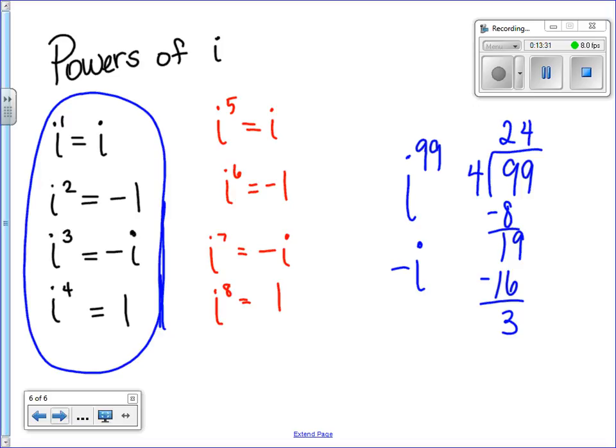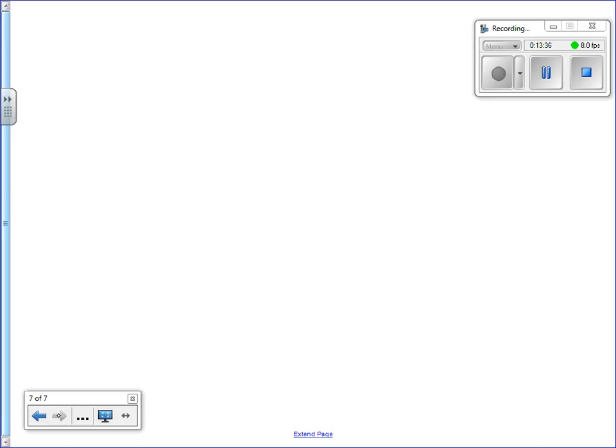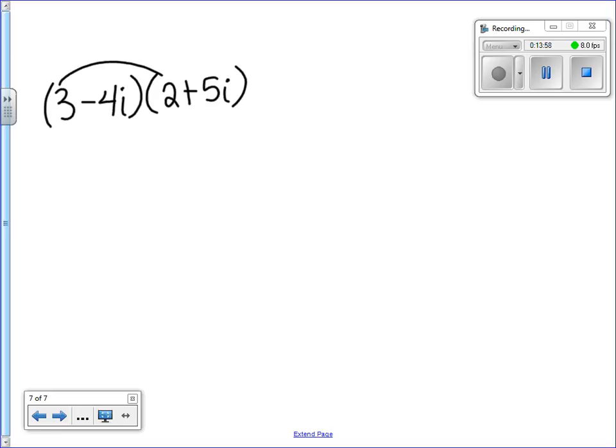Now let's multiply some complex numbers. We're going to use the distributive property. Everything gets multiplied. 3 times 2. 3 times 5i, 15i.